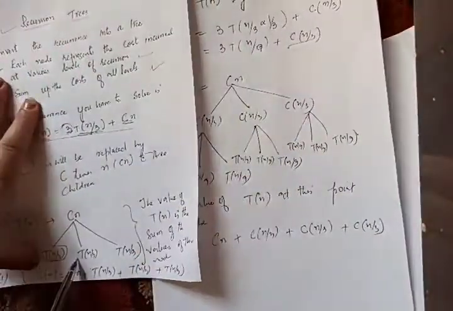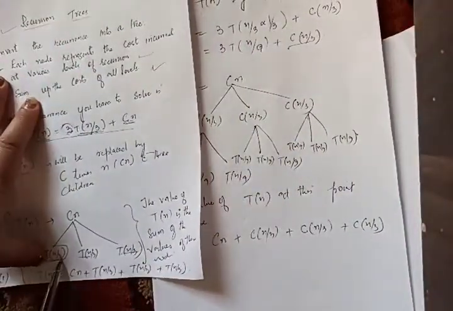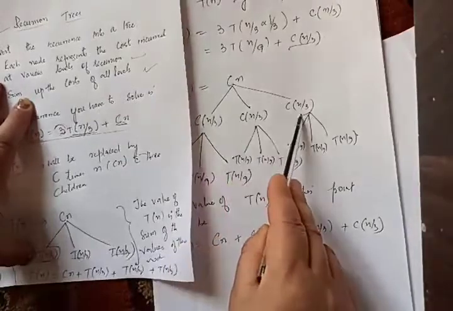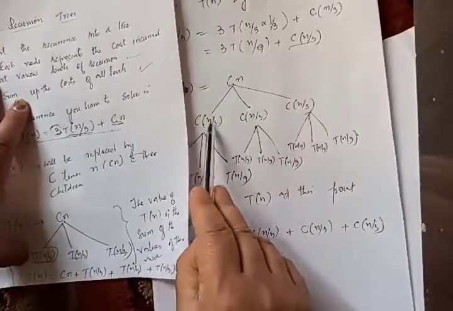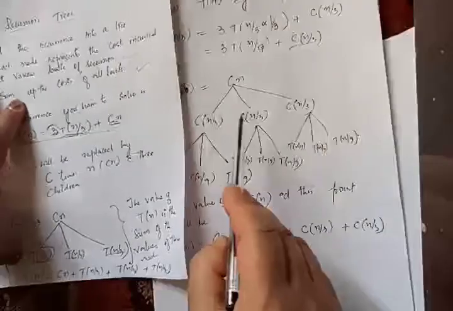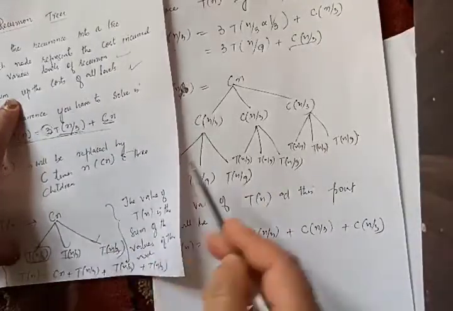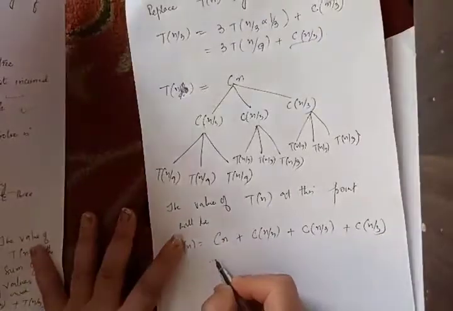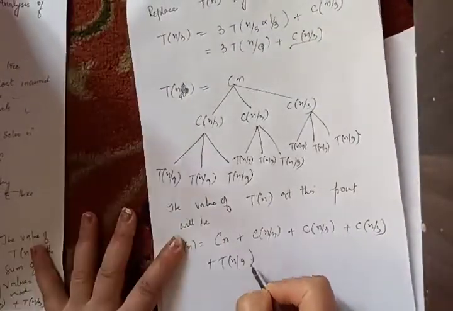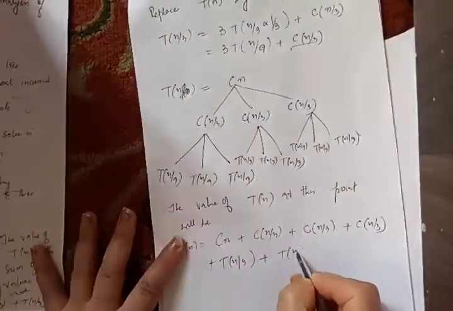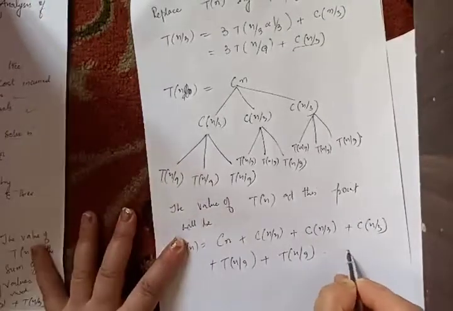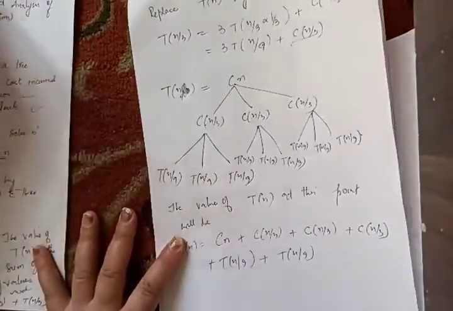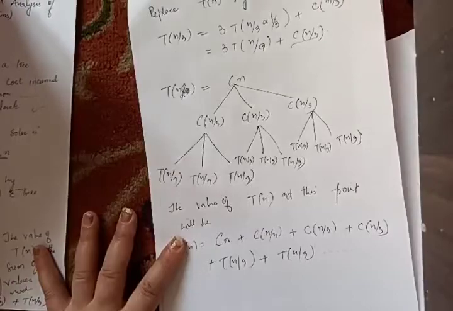We have 3 times n/3, so we replace it at 3 places, the 3 children of each node, plus T(n/9) plus T(n/9), and so on, till we do the summation of everything.